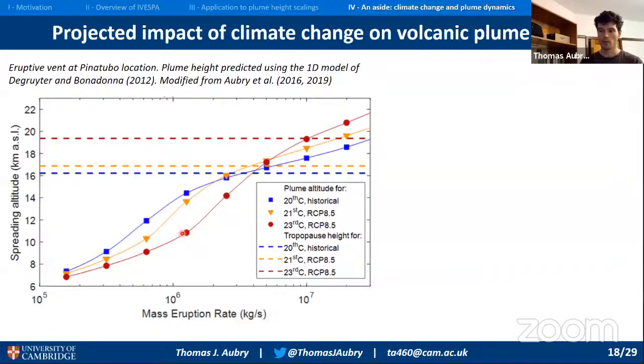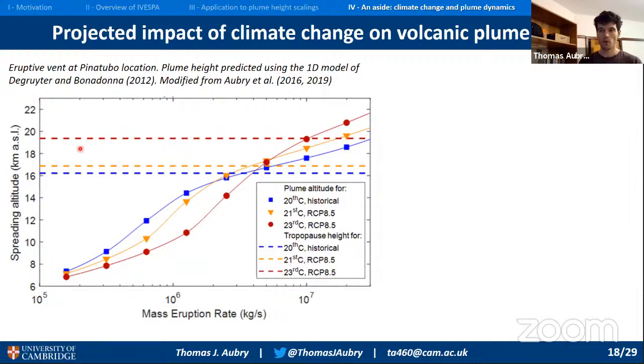If you look at the orange and red lines, it's exactly the same model run for the same source conditions, but using atmospheric conditions projected by a climate model for the 21st century. And so you can see the plume height changing a lot. In particular, it's decreasing in the troposphere and increasing in the stratosphere.